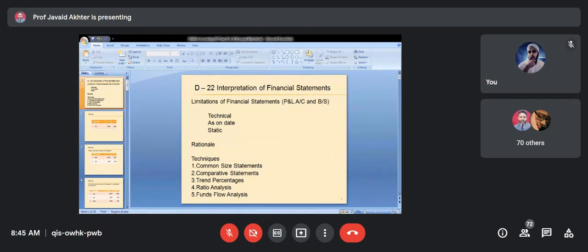Which company has done better? B. Now come to the net profit. Which company has done better? B. What is the percentage of B? Percent profit. Sir, combining both, it will be 70%.